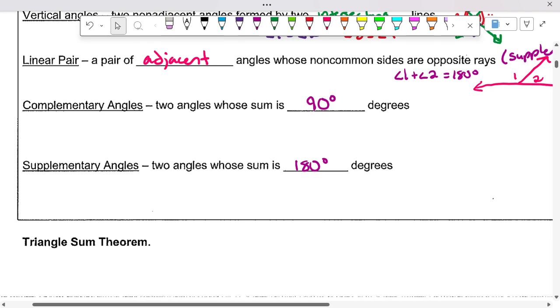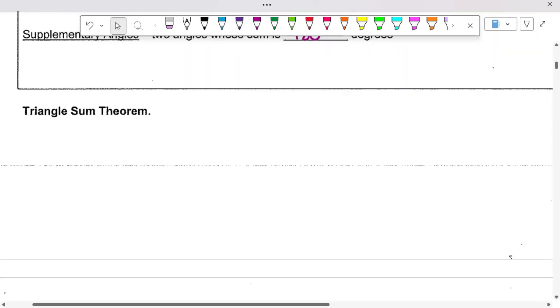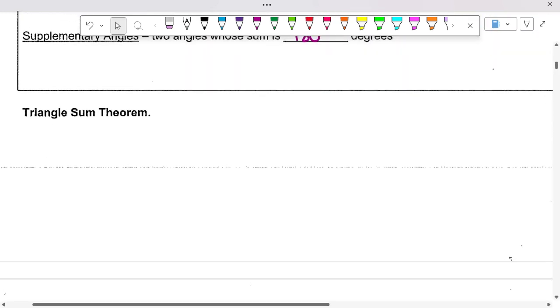Now, triangle sum theorem. This is probably the easiest triangle theorem to remember. It's basically saying that if you add up all three interior angles of a triangle, meaning all three angles inside of the triangle, what would it equal? 180. That's all it's saying.